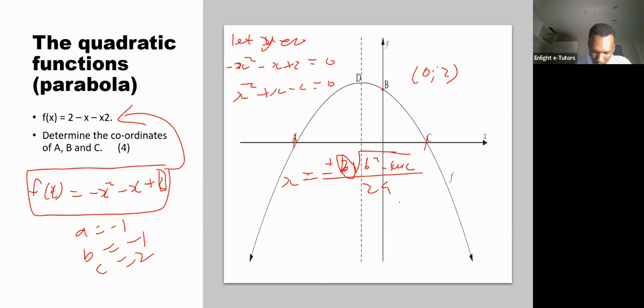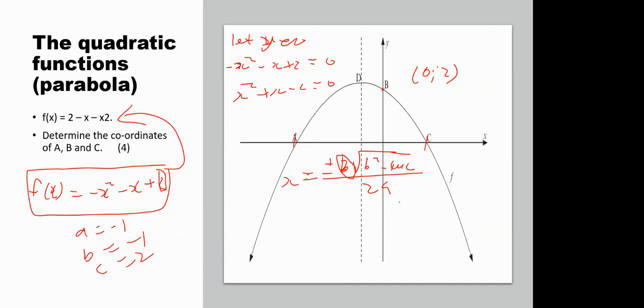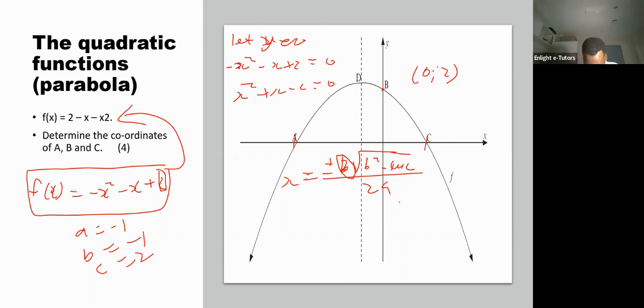Okay, the quadratic equation has to be the negative x squared minus x plus 2.